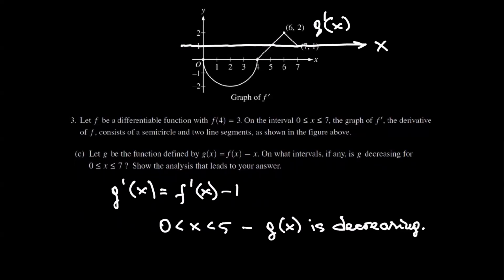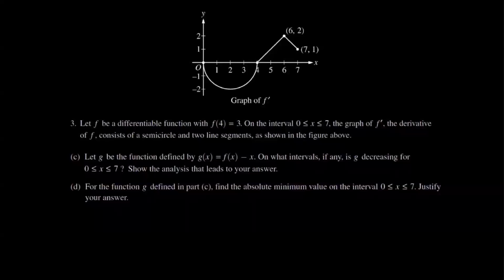Let's move on to the last part, D. Here we need to find the absolute minimum of the function g on the interval from 0 to 7, for the function that we just found. Let's again draw this new x-axis and see where the derivative, this is x, and this becomes g prime of x.